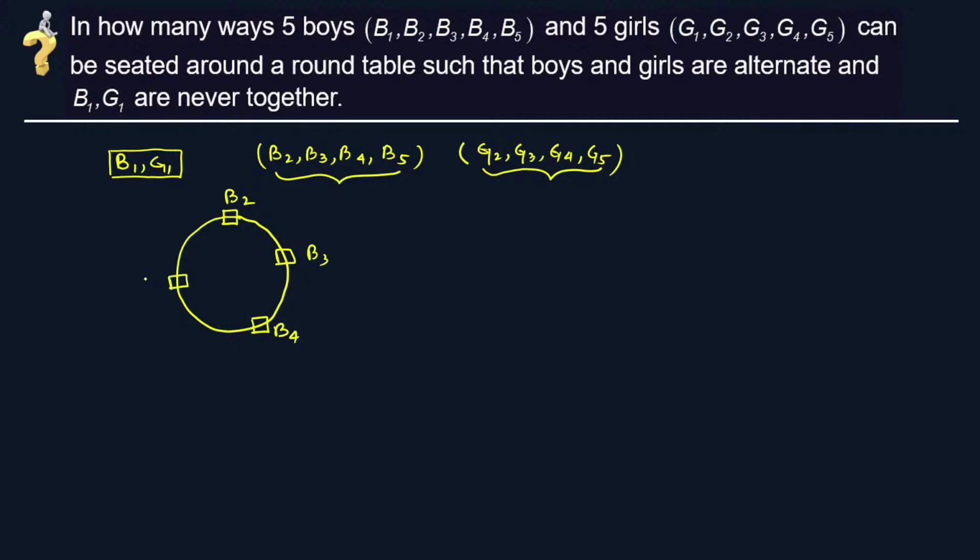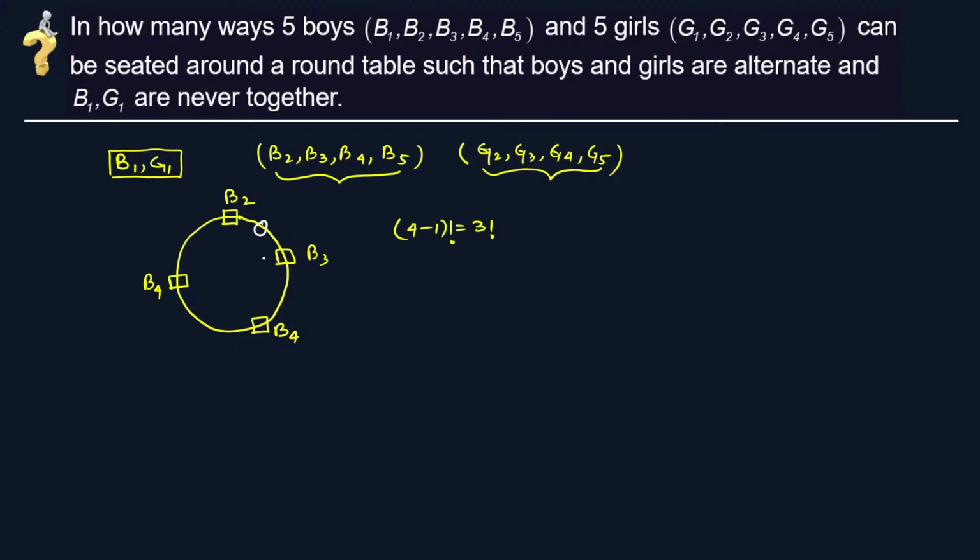So I have placed these 4 boys in these 4 places, which can be done in 4 minus 1, that is factorial 3 different ways. Is it clear? Because now this is a circular permutation. But when these 4 girls are placed in between, it will not be a circular arrangement. Why? Because now the seats are identified.